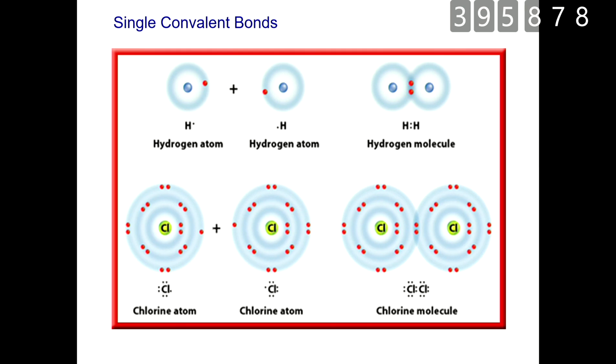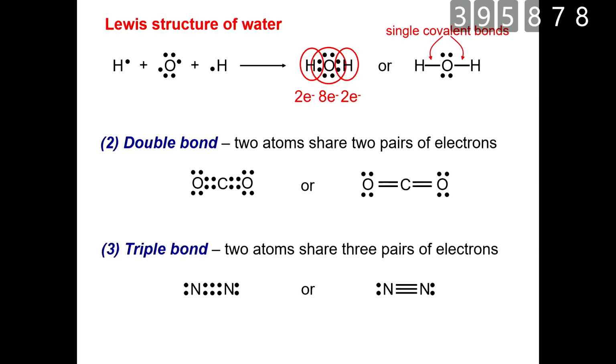So when they share one from another one, it has 8 electrons, and this guy also has 8 electrons. And they share 2 electrons, so they form the single covalent bond.